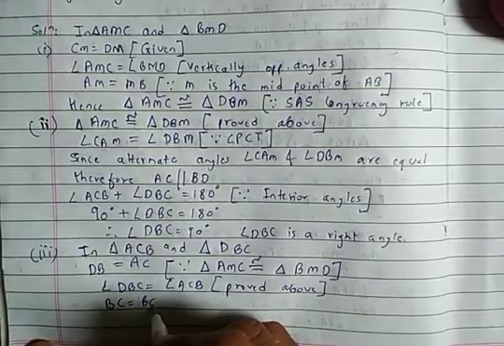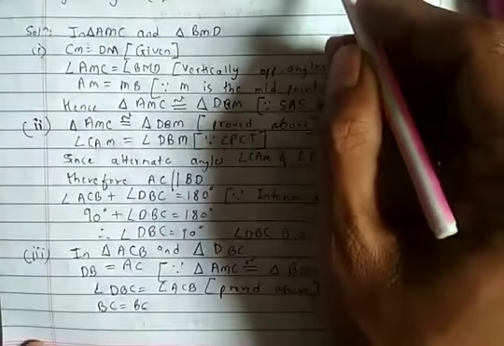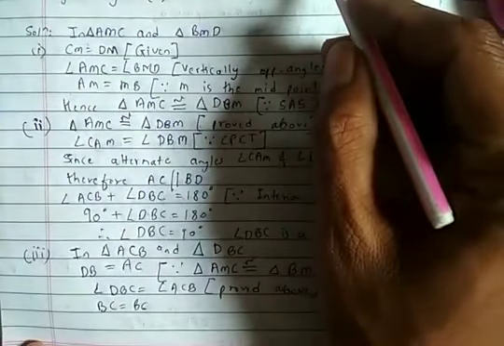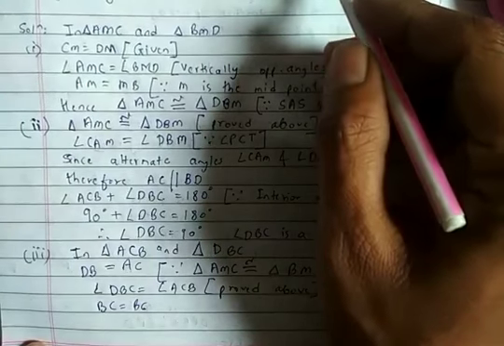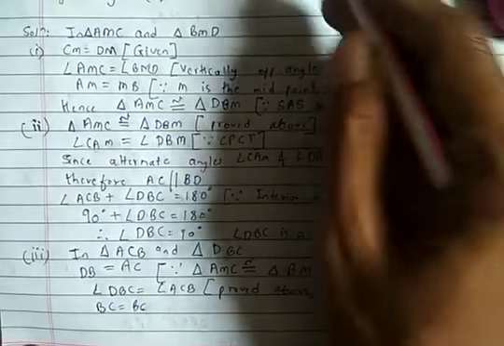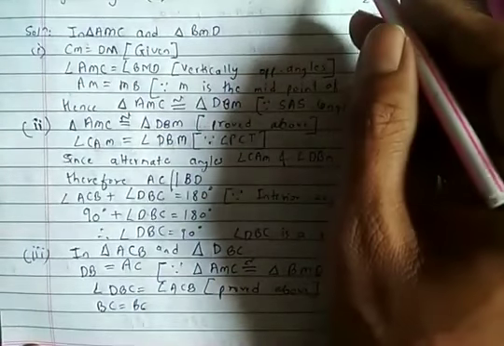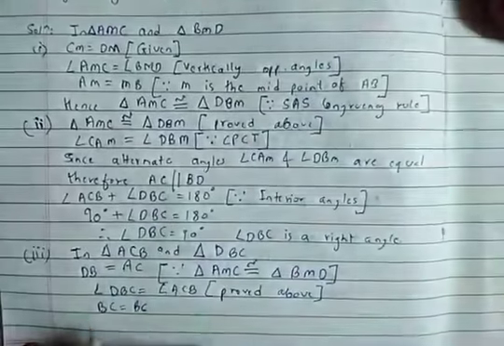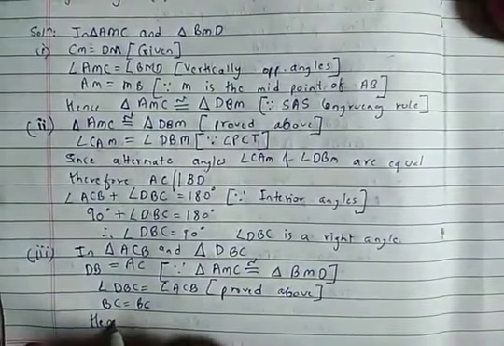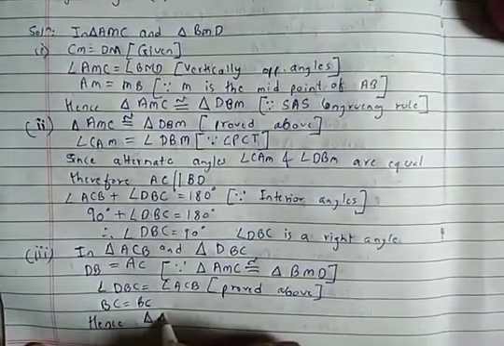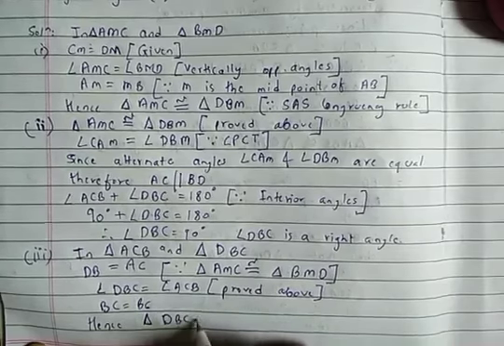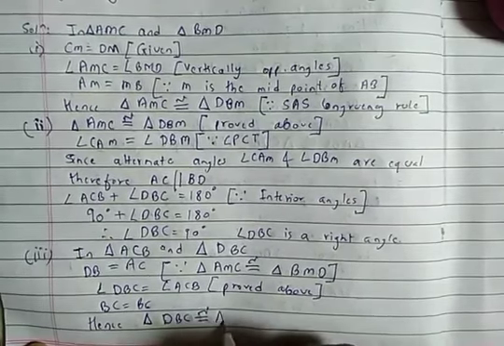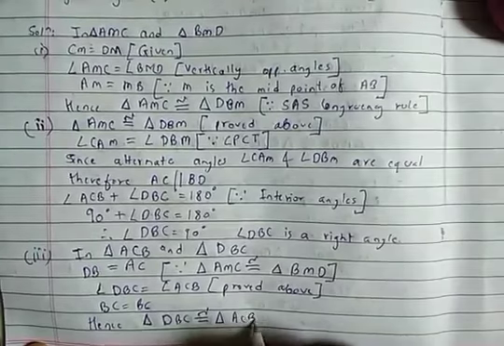And the third one is BC is common. Why? Because BC is common for both triangles, right? So you can say that hence triangle DBC is congruent to triangle ACB.